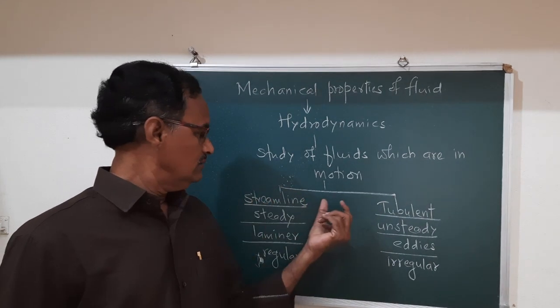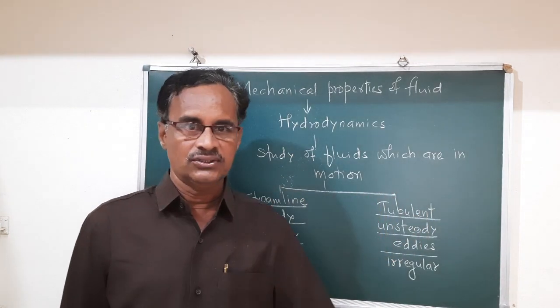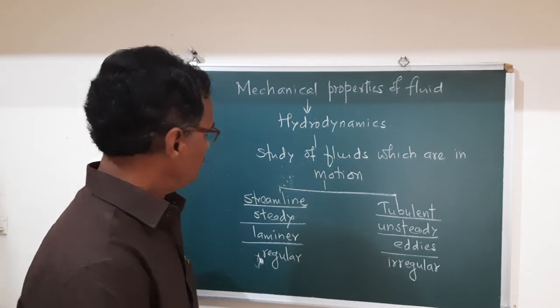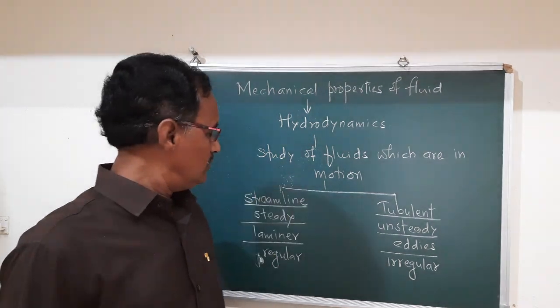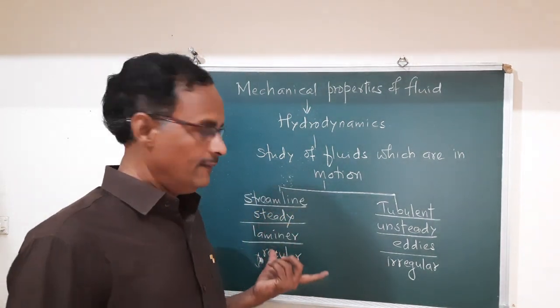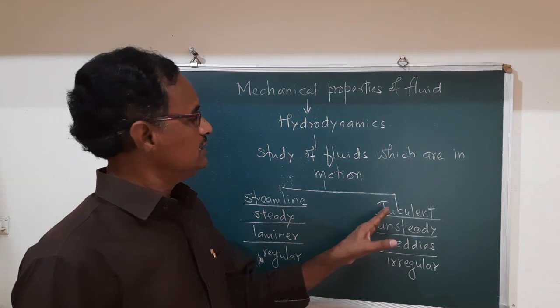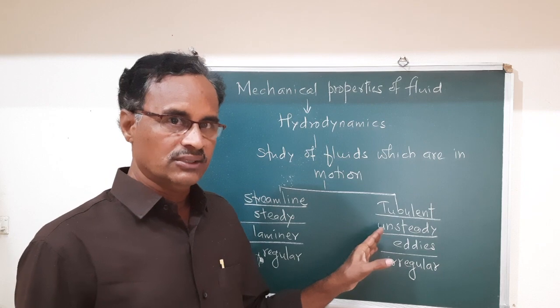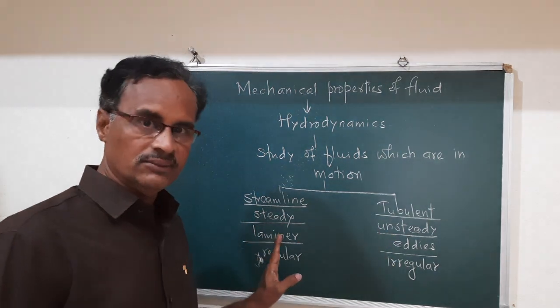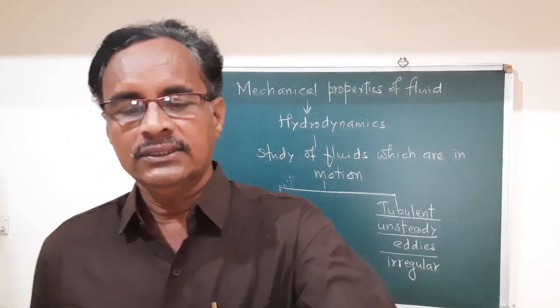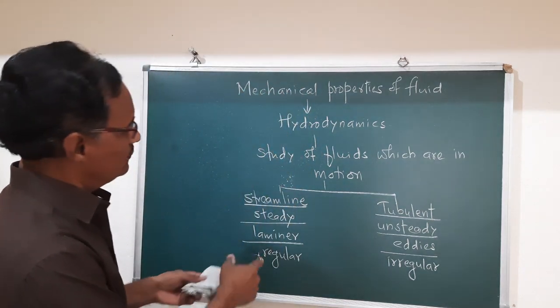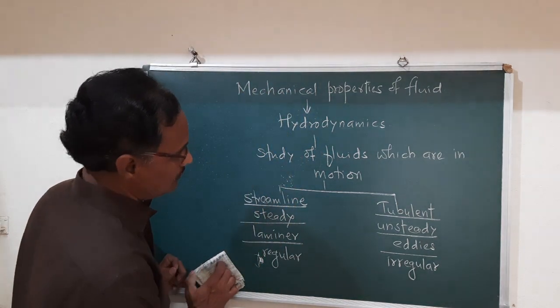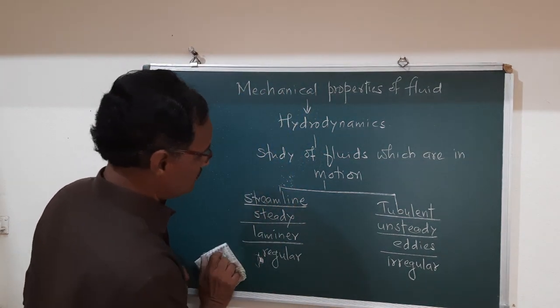One is streamline motion and another one is a turbulent motion. Now we have to study in this chapter about this streamline flow mainly, and just we introduce this turbulent flow. What are the characteristics of the turbulent flow compared to the streamline flow? Now here we study about the streamline flow and turbulent flow first.